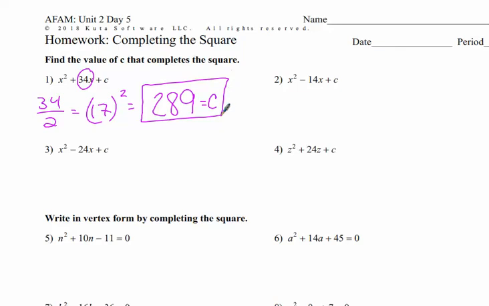Going down to number 3, I'm going to take my B value of negative 24. I'm going to divide it by 2. I get 12, and I square it, and I get 144. Okay, so I want you guys to do 2 and 4 real quick.